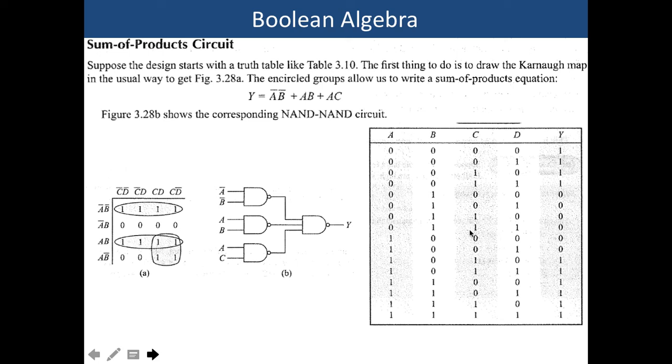From this truth table, we can write the K-map. From this K-map, we can make the 1s groups and quad. We can write the equation. Let's write the equation.